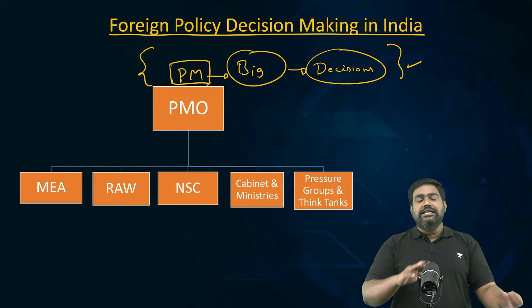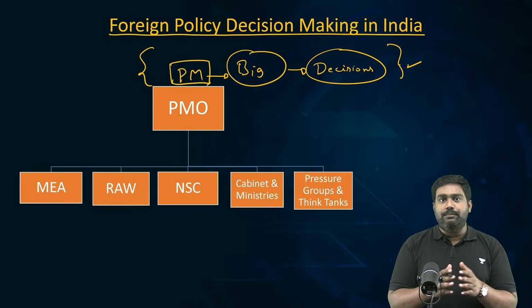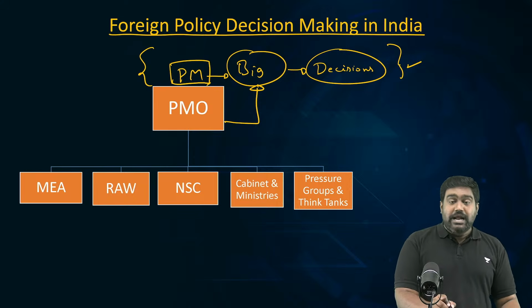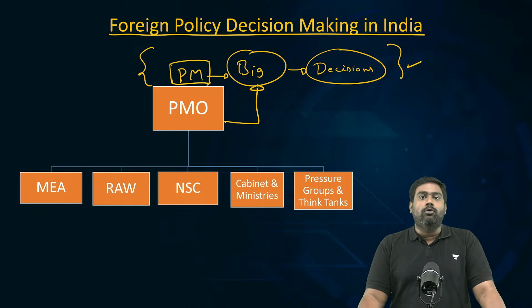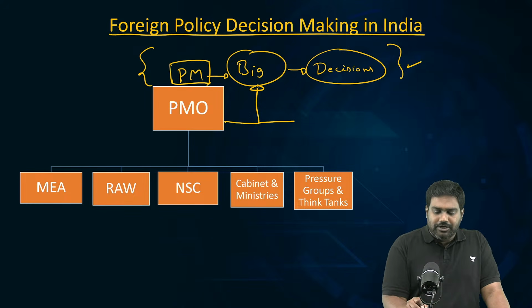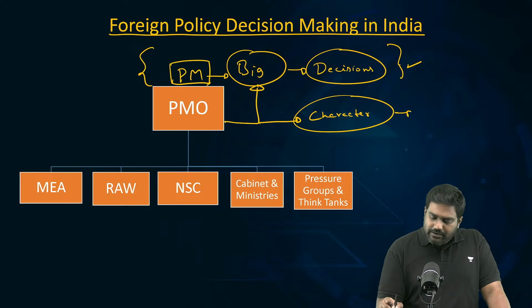The broad strategic decisions are taken at the level of the PM. So the Prime Minister's Office gets involved and the Prime Minister directly plays a role. India's foreign policy making has been such that Prime Ministers have always played an important role. Their personal character is reflected in our foreign policy.